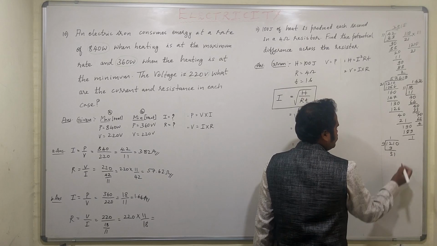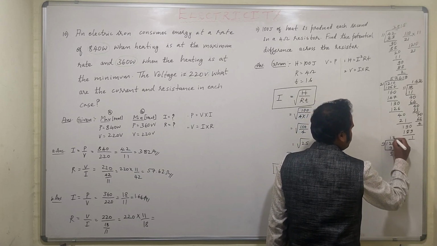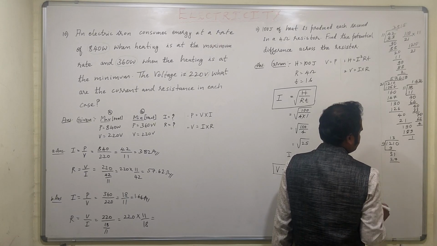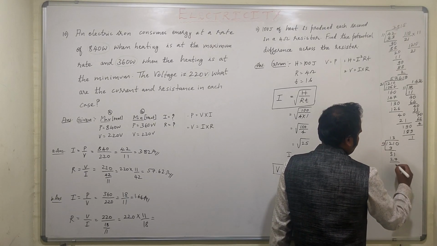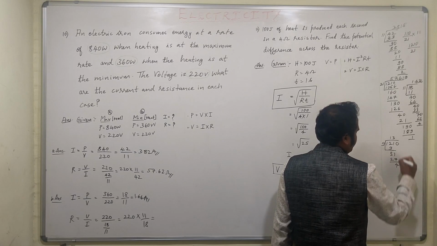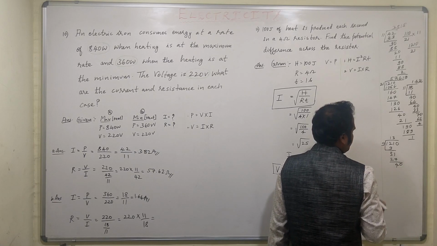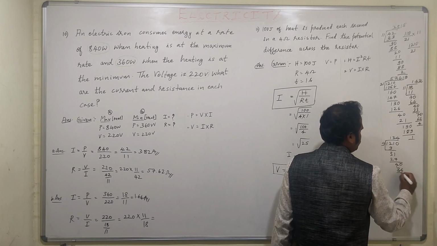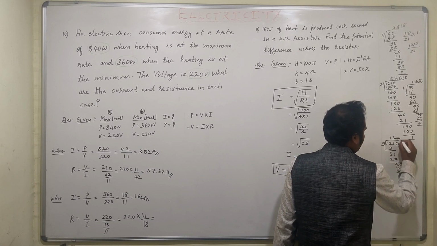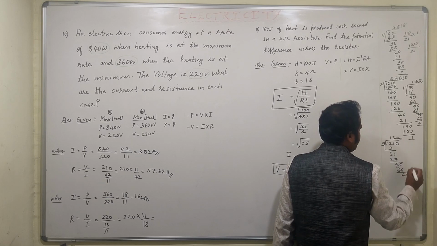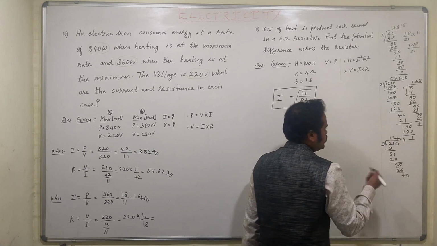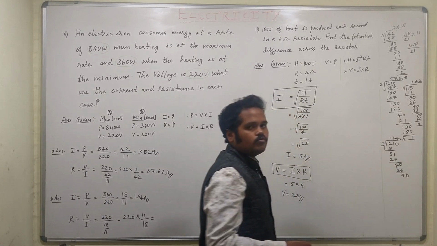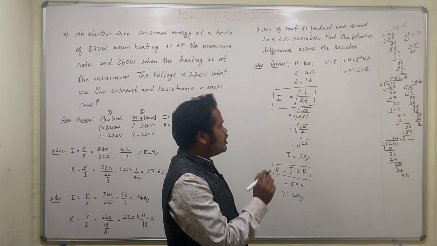Take down 1, 31. 9 3s are 27. We get 4. Take down 0, 40. 9 4s are 36. So again 4, 0. Again we put a point and take a 0. 4. So it keeps on going. 4 becomes recurring, 4 4 4 4. 4 is less than 5, so we hold it at 4.